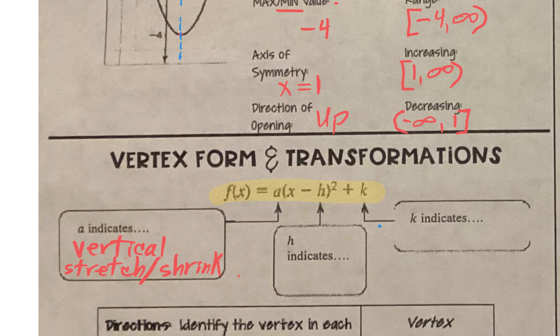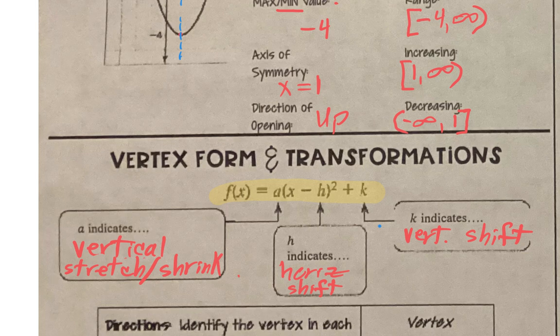The H indicates the horizontal shift. Horizontal shift, and the H is the x-coordinate of my vertex. The K indicates the vertical shift, and that's the y-coordinate of my vertex.